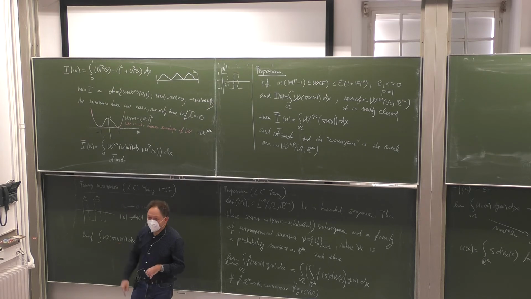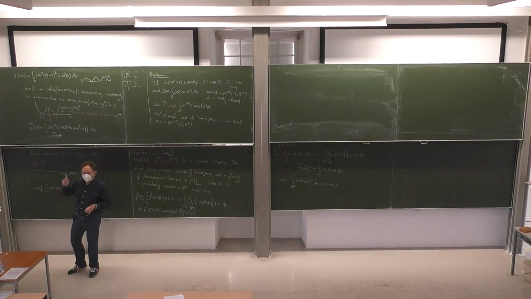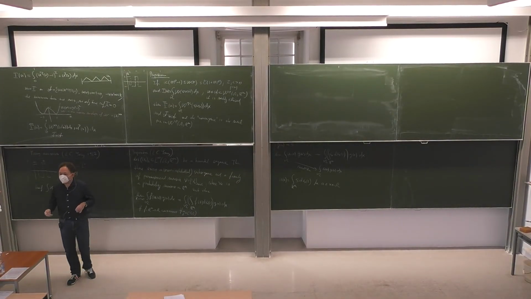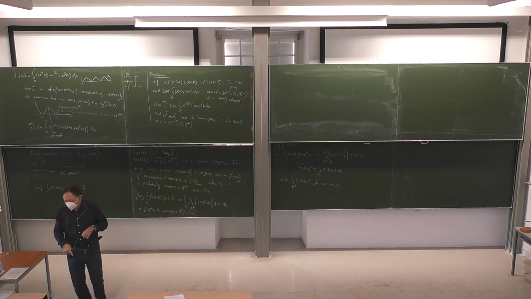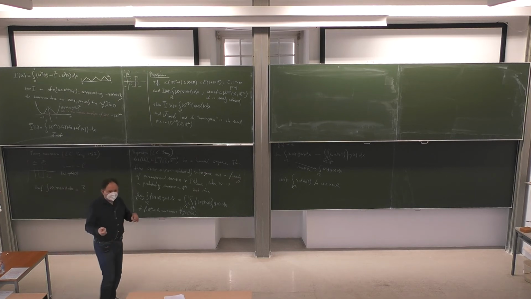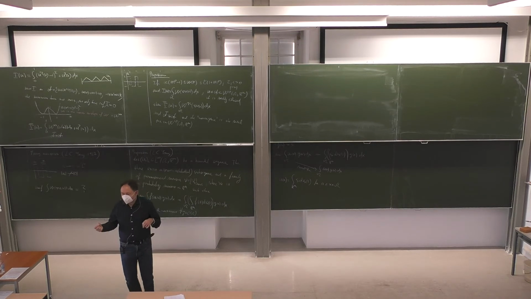So it's up or down, it's +1, -1. You are just looking up and down, faster and faster. But you do it with the same probability. I mean, with the same frequency. The time you spend looking up is the same as the time you spend looking down. So in a way, if I search for a probability measure, it's just half of the Dirac at 1 plus half of the Dirac at -1.